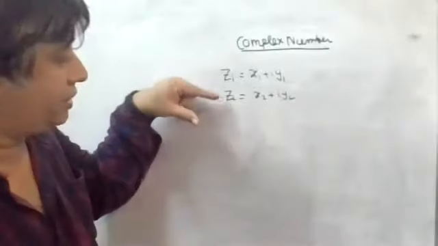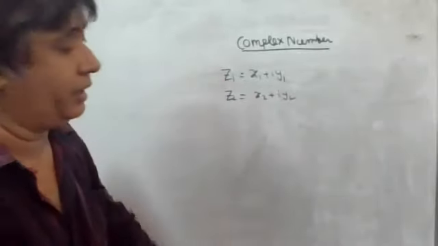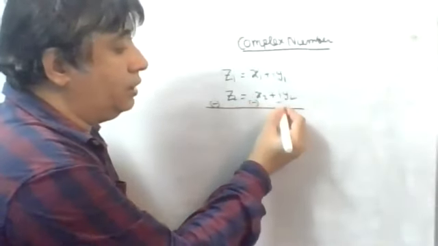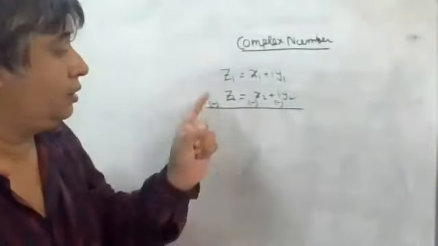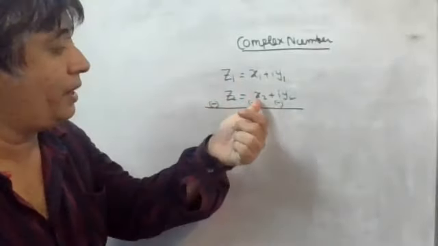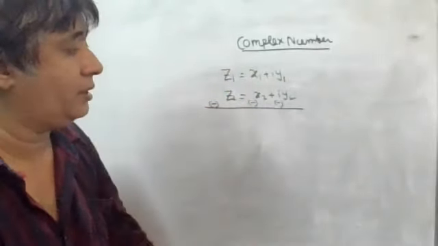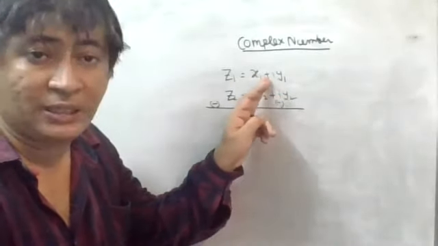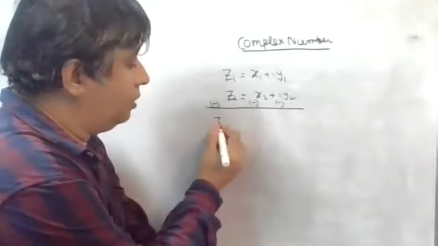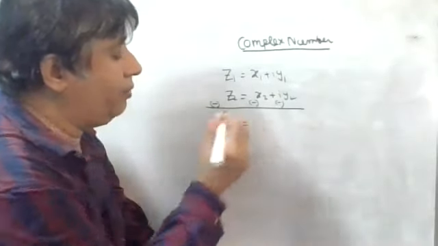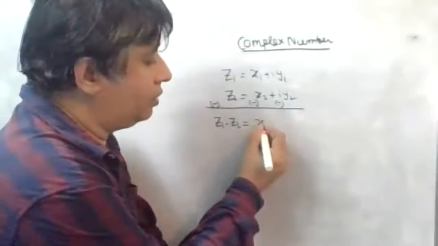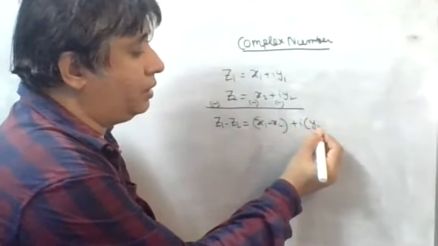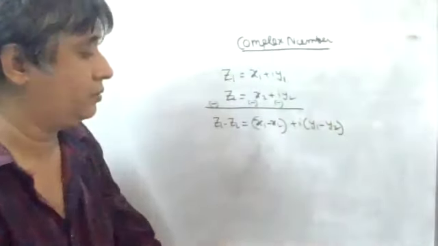Now subtract the second from the first or the first from the second. In the same way, the real part will be subtracted from the real part and the imaginary part will also be subtracted from the imaginary part. z1 minus z2, x1 minus x2 plus i y1 minus y2.